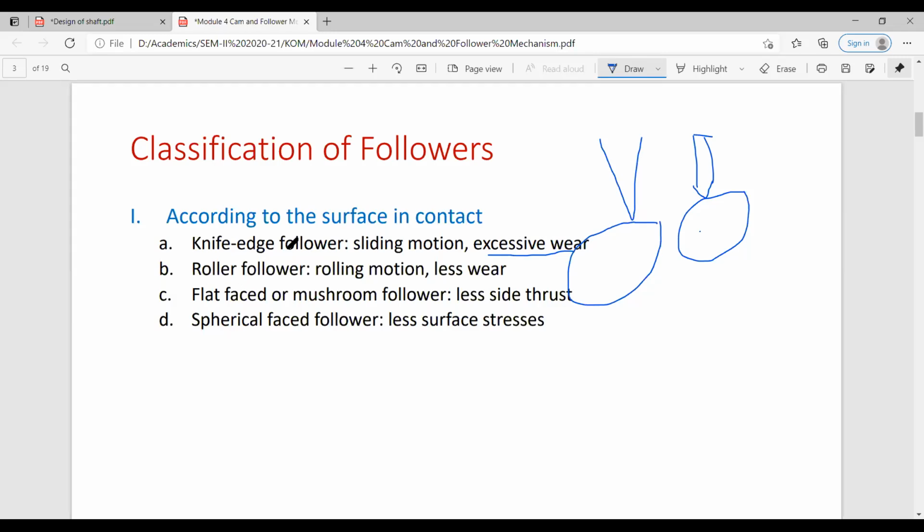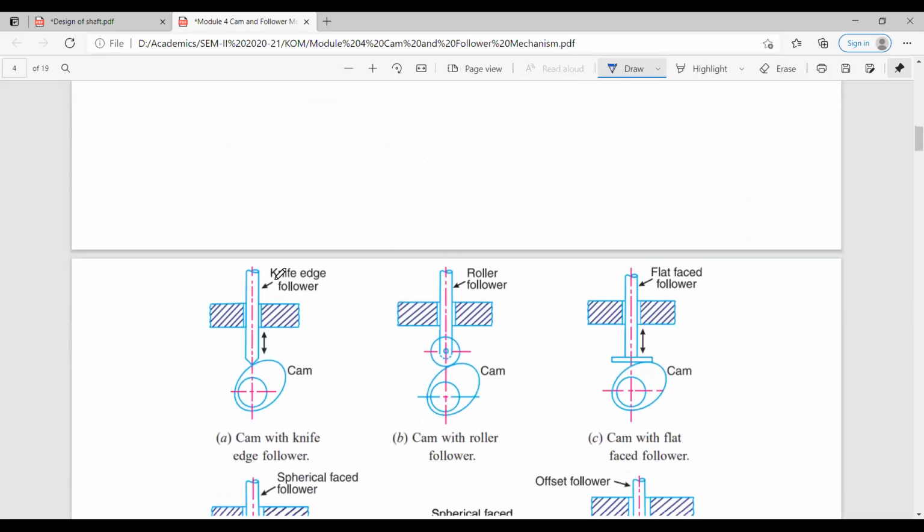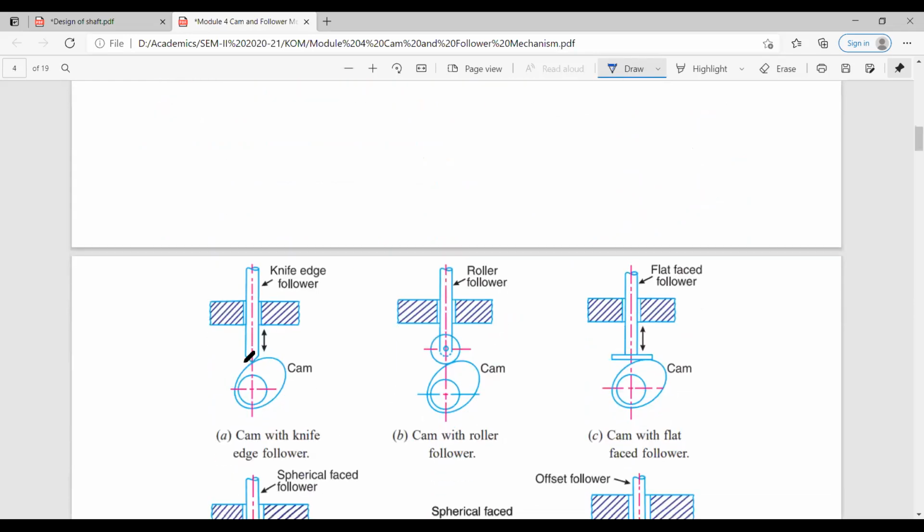Then, in order to overcome this limitation, there is the roller follower. Okay, so I will show you the diagram. Here you can see that it is a knife edge follower because at the contact point there is a sharp knife edge present. In order to reduce the wear and tear problem, generally a roller is provided at the end of the follower.